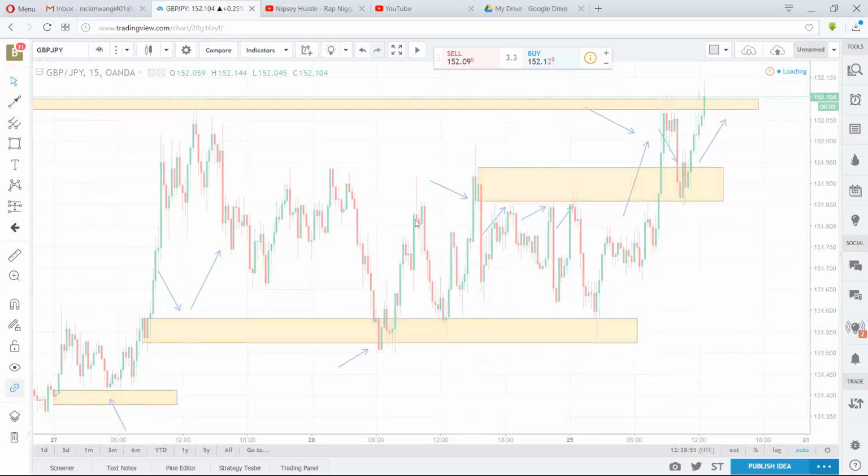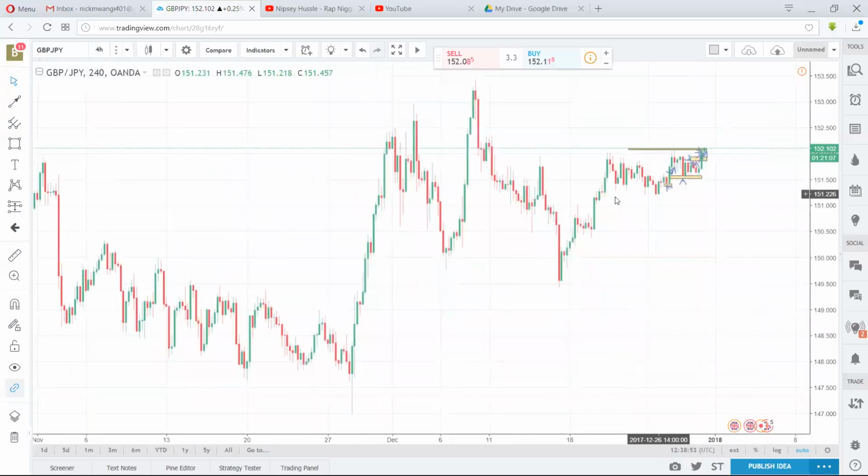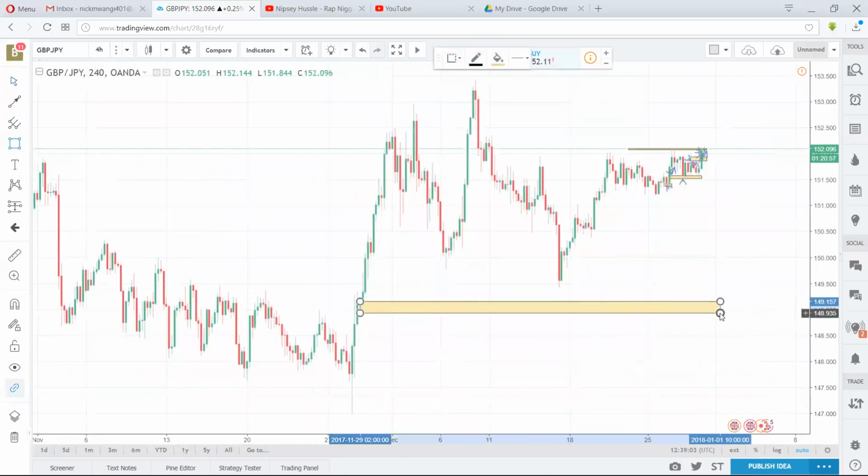Disregard the zones for once. I'll just show you, if I was scalping the same GJ, I'd first of all come draw the zones. Come here, draw the zones.